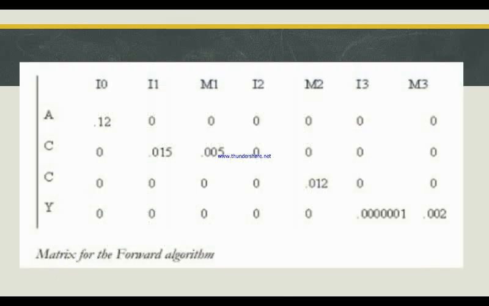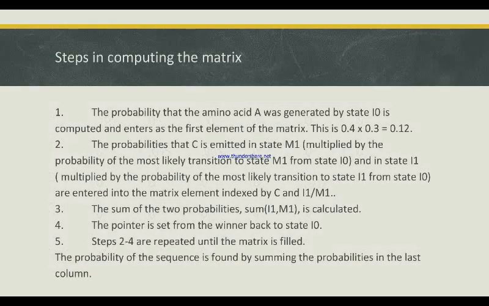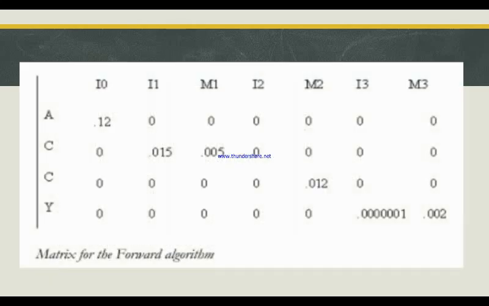This is an example of the matrix for the forward algorithm, where you can see what I said just now. The probability that amino acid A was generated by state I0 is computed and entered as the first element of the matrix. This is 0.4 times 0.3. You can see it here.